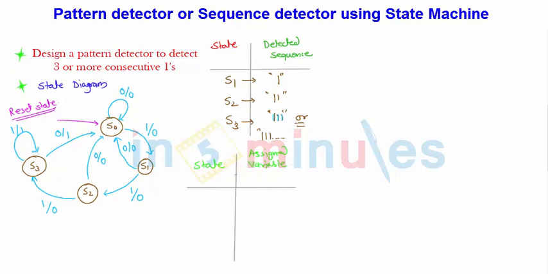These two variables are A and B, and the corresponding states are S0, S1, S2, S3. S0 will be represented as 00, S1 as 01, S2 as 10, and S3 as 11.